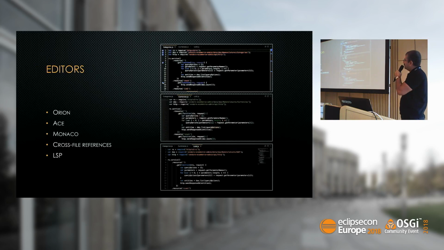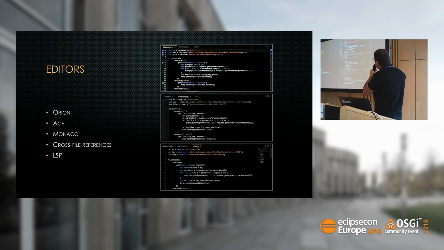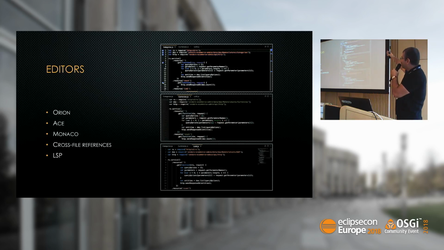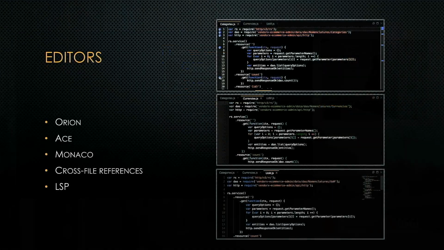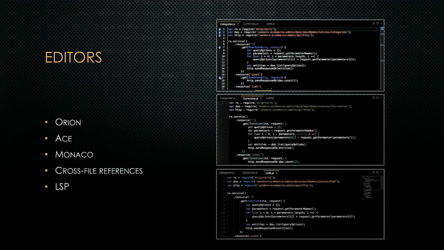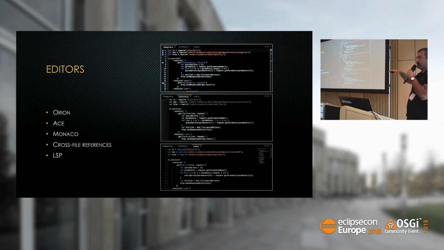Okay, editors. These are the 3 editors that we have at the moment. I'm not sure whether you recognize the difference, but the first one is Orion, the second one is Ace Editor, and the last one is Monaco. For glue coding in the business application, for the business language, we use JavaScript. And in this case, we have much better integration in Orion for these cross-file references.